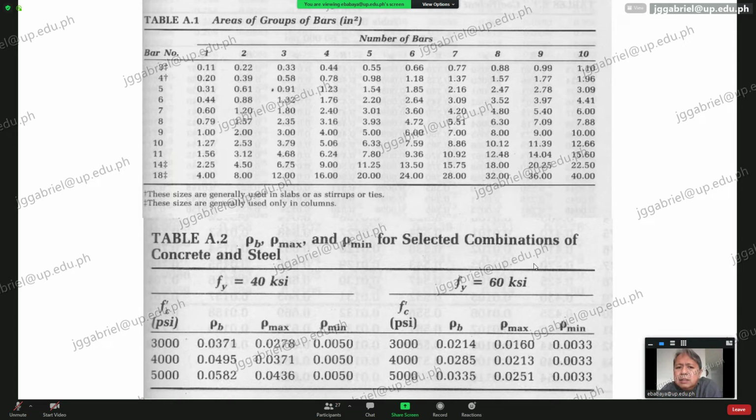And as far as I can remember, perhaps you were not yet born in 1990 during the earthquake, the deadliest earthquake in the Philippines, when the Hyatt Hotel in Baguio collapsed, and they were wondering why, because the design was fine.